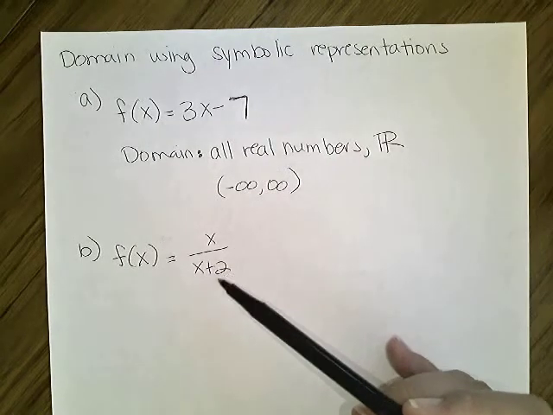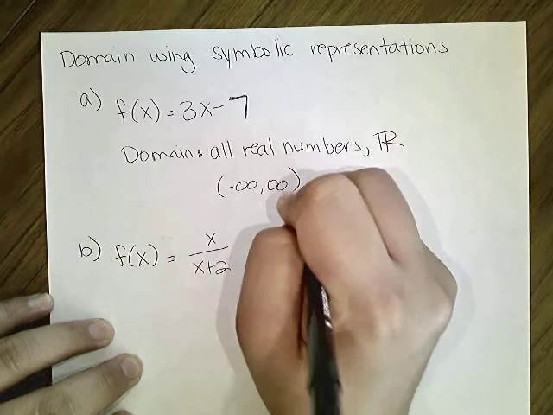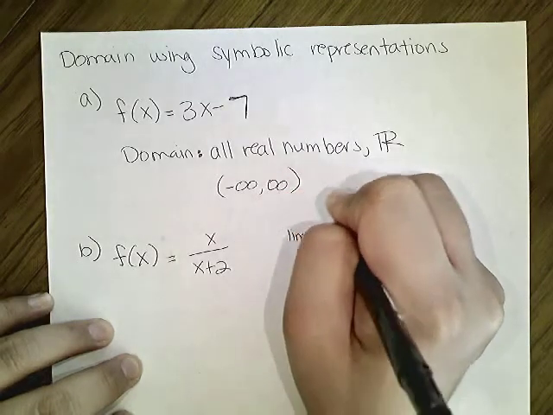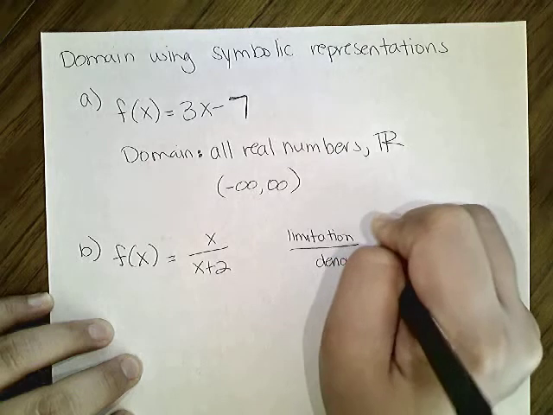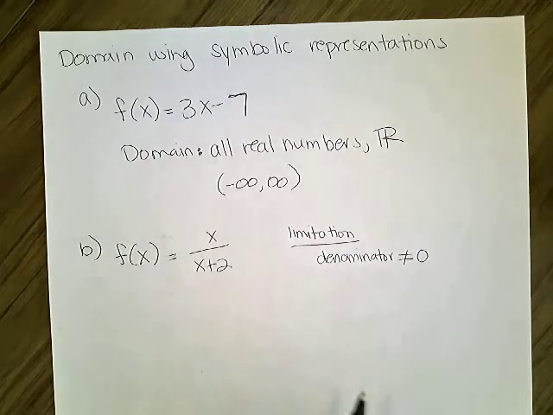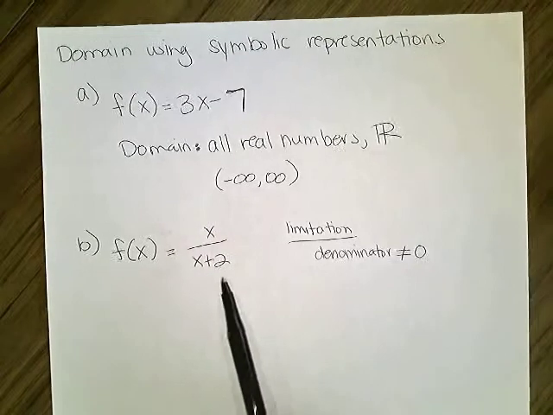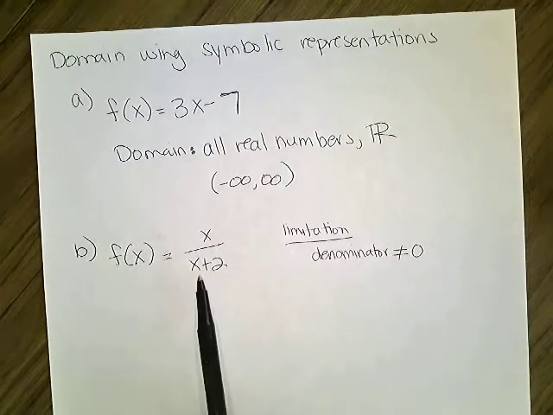And we know that our denominator cannot equal 0. That's the limitation. So the denominator cannot equal 0. You could probably think of, okay, what x value will give us a denominator of 0? And you could say, oh, okay, negative 2.